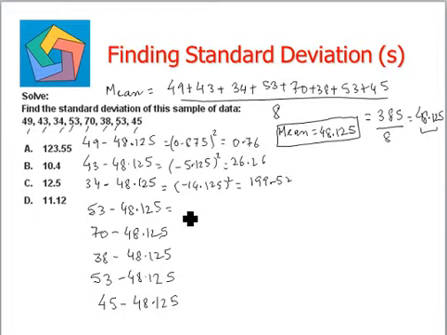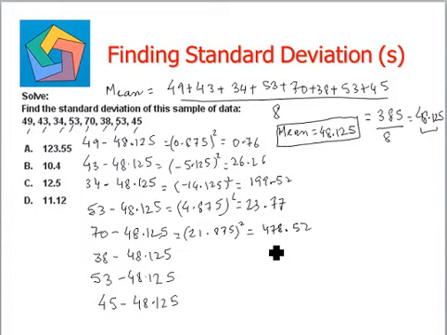So now we have 53 minus 48.125. This is 4.875. Squaring this would give us 23.77. The next one is 21.875. Square it and we get 478.52. For this we get negative 10.125.